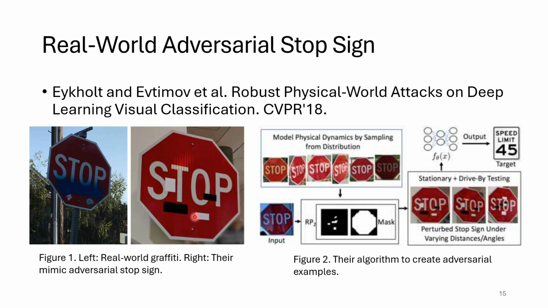Their algorithm will collect many images to create a distribution. Then their algorithm will work out what alteration they can add into a certain image, so that the neural network will think this is not a stop sign, but a speed limit sign.